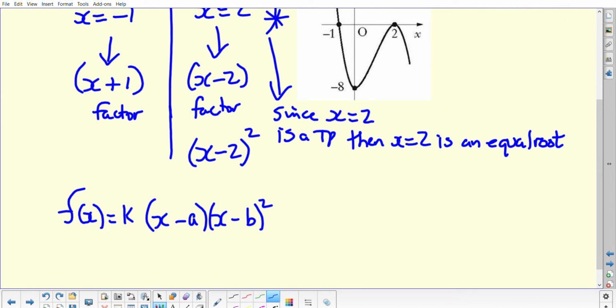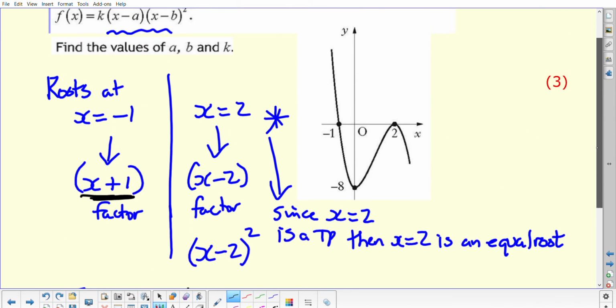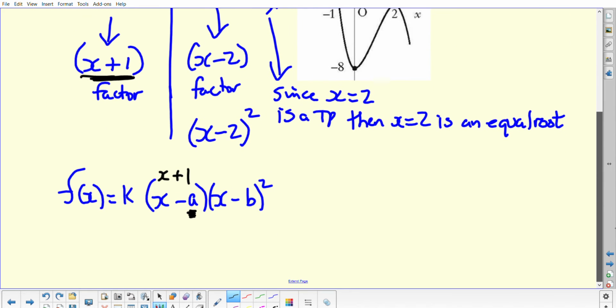So clearly here, if we want our single bracket to be x plus 1, then we want that a to be replaced with minus 1. So the question is asking you to write down or find the values for a, b and k.